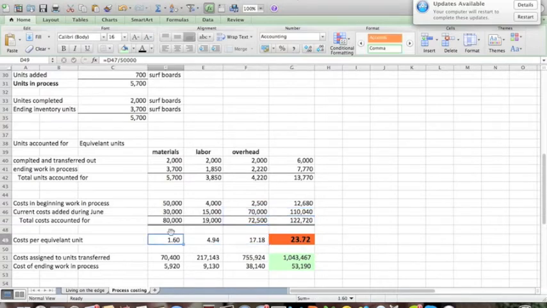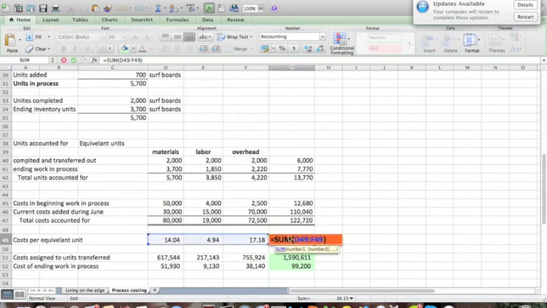And cost per equivalent unit is just the total cost incurred divided by the number of units. So when we do this division, we get equivalent cost per unit and then a total cost per unit.